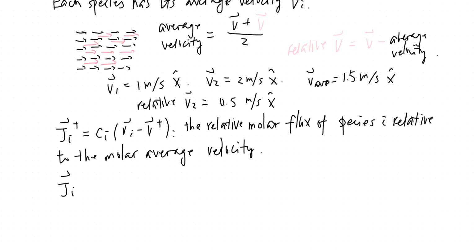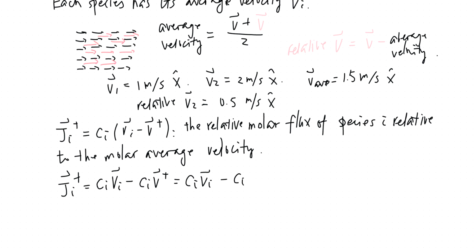J_i dagger, if you just multiply it out, you have C_i multiplied by V_i minus C_i multiplied by V dagger. And C_i here, let's just keep it C_i. We will see what it is later.